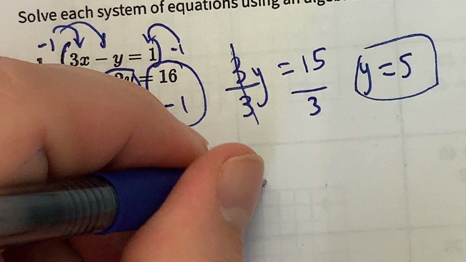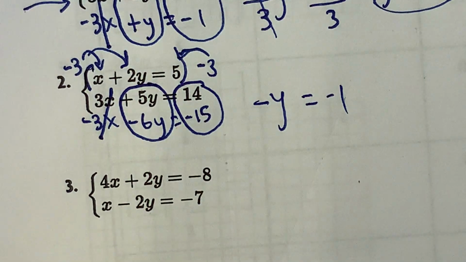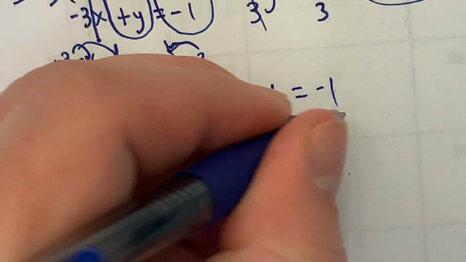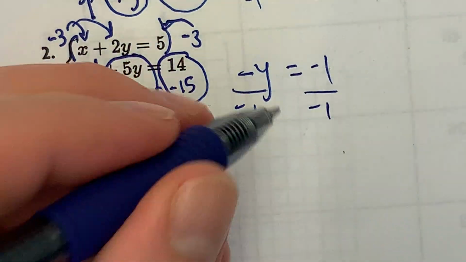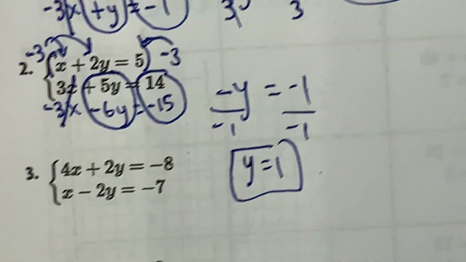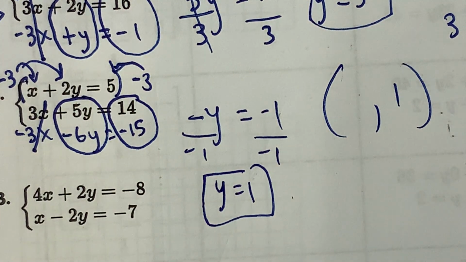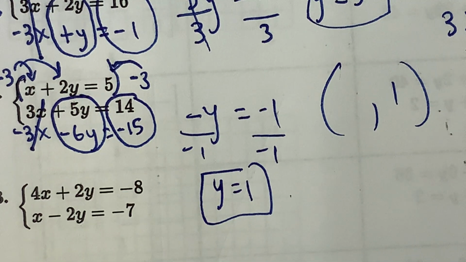So I have negative y equals negative 1. And I'm going to divide by a negative 1 on both sides, and y is 1. And that's half my answer. I got 1. Now I need my x.